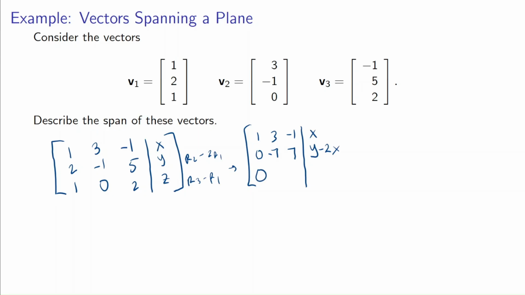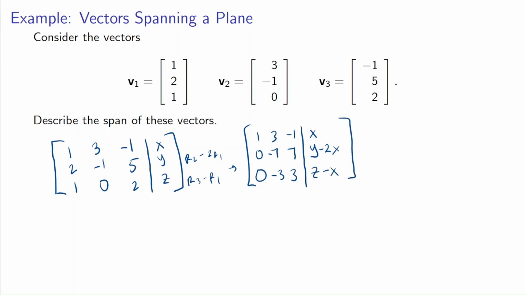And then 1 minus 1 is 0. 0 minus 3 is negative 3. 2 plus 1 is 3. And then we're going to have a z minus x.